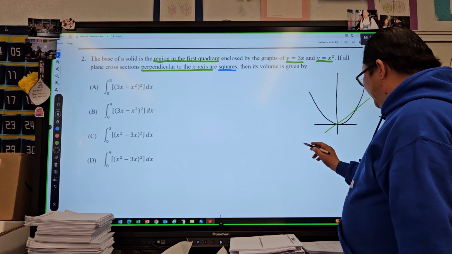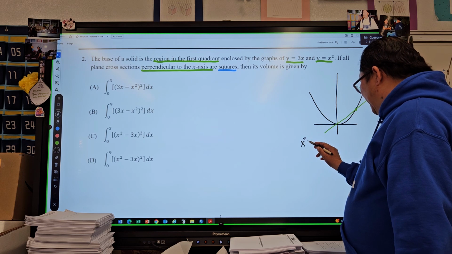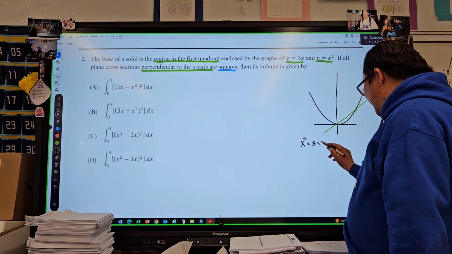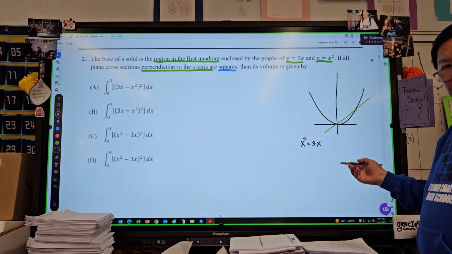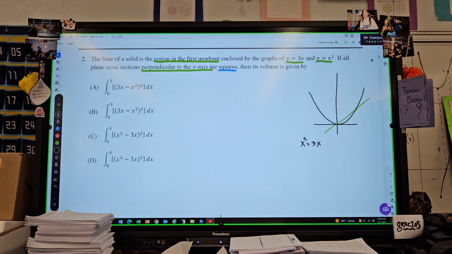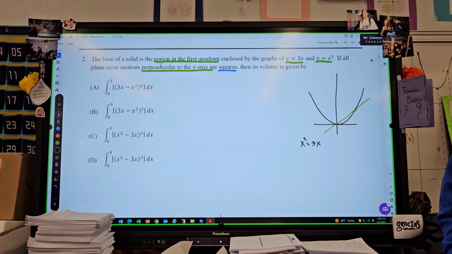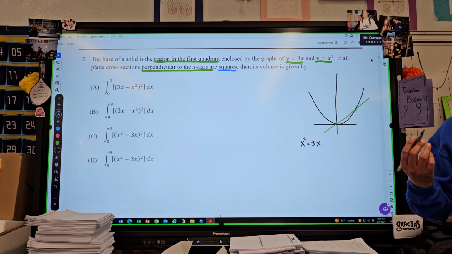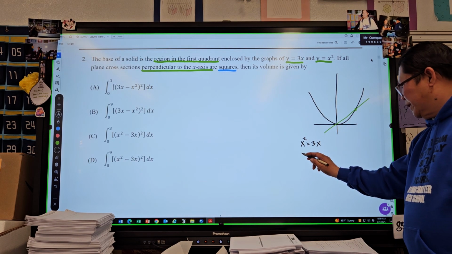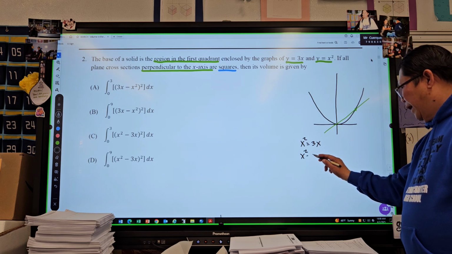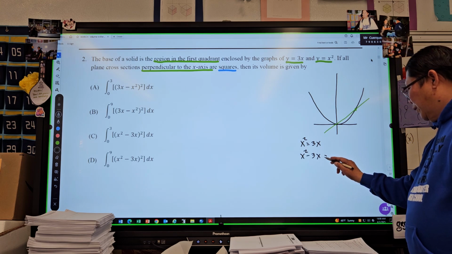So we say x squared is equal to 3x. Right? So what we do with this 3x, we subtract both sides by 3x, or we equate to 0. So this means x squared minus 3x is equal to 0.